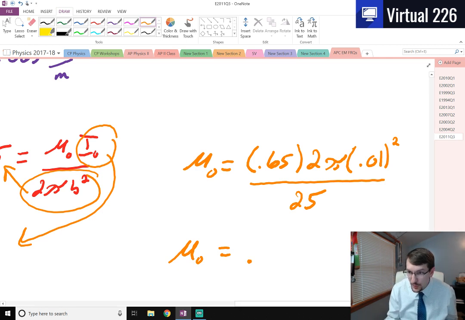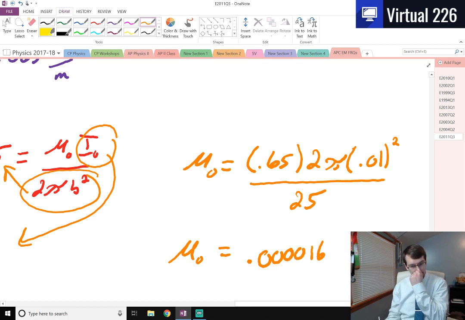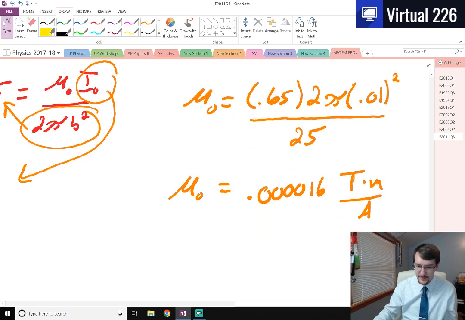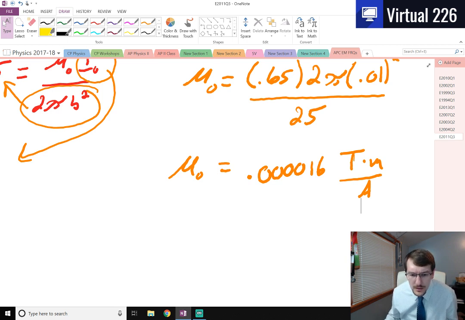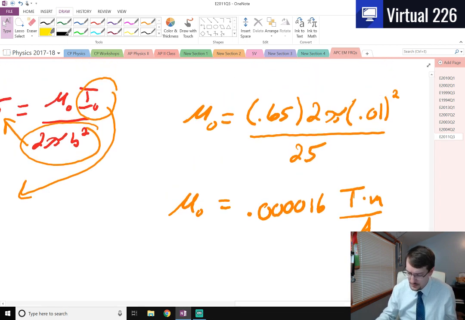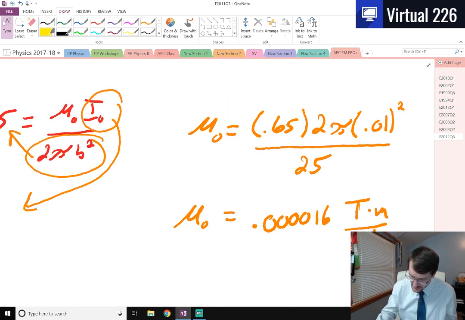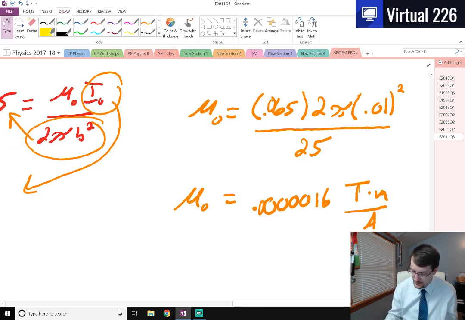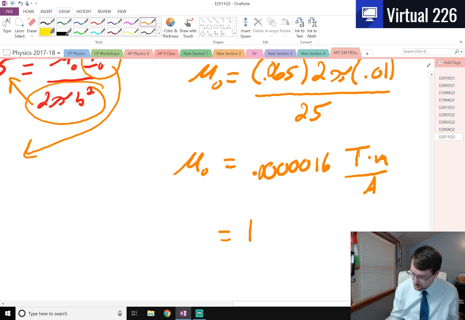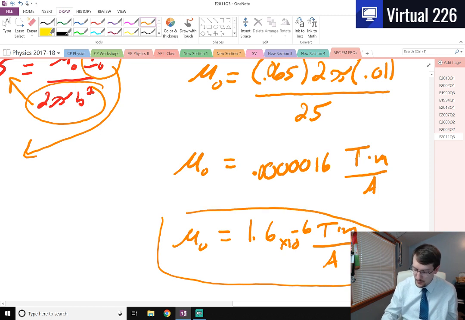I get a value of 0.0000016 Tesla meters per amp. And if we wrote that in scientific notation, I forgot a zero. This is 0.065, so there's an extra zero right there. Whoops, I knew I forgot something. So this is going to be equal to 1.6 times 10 to the minus 6 Tesla meters per amp. But we just got that using the slope.